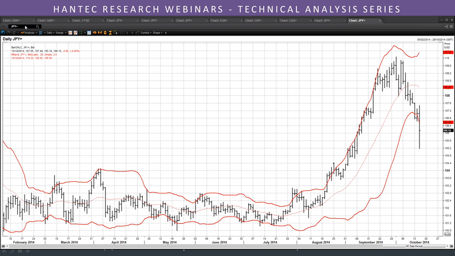Dollar yen. Wow. Wow, wow, wow. My lord, look at that. 105.20 as the low today on dollar yen. That is incredible. That's just simply a huge move on a one-day basis.